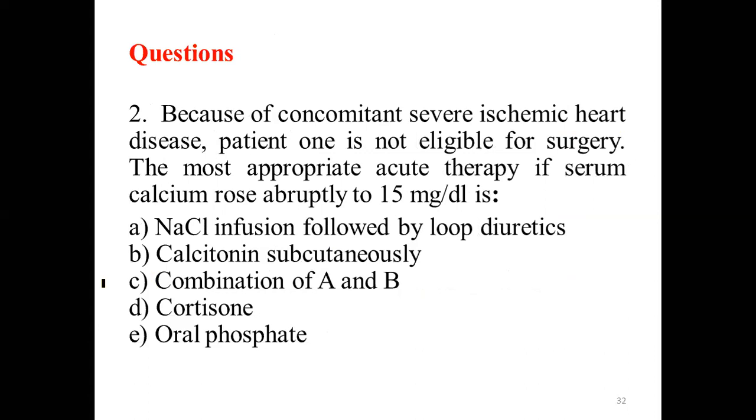Now it is the same patient. Because of concomitant severe ischemic heart disease, the patient is not eligible for surgery. So you can't do surgery. Then the most appropriate acute therapy, if the serum calcium level rises abruptly to 15, is: A, sodium chloride infusion followed by loop diuretics; B, calcitonin subcutaneously; C, combination of A and B; D, cortisone; E, oral phosphate.